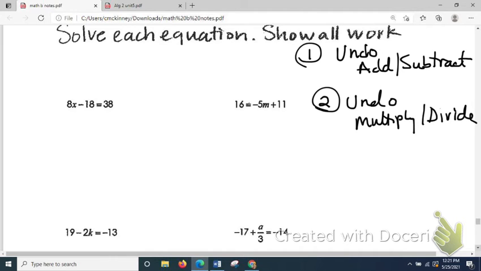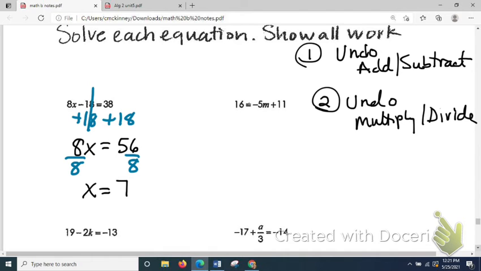So in the first one, where I'm trying to get that x by itself, that means we're going to add 18 to both sides. So now I have 8x is equal to 56. And then to get rid of the 8, to undo that multiplication, we're going to divide both sides by 8. So x is equal to 7.